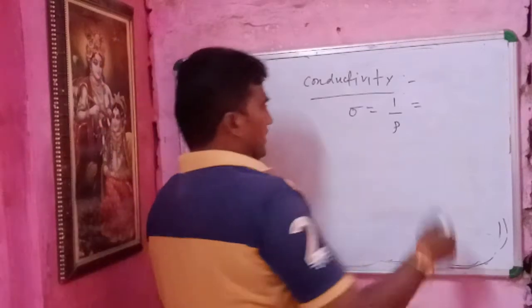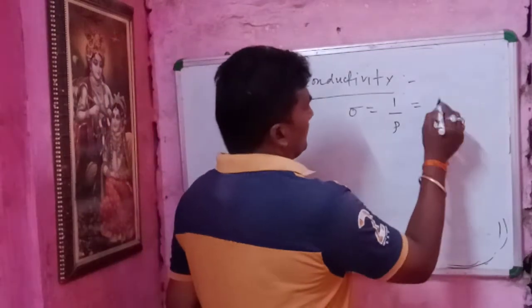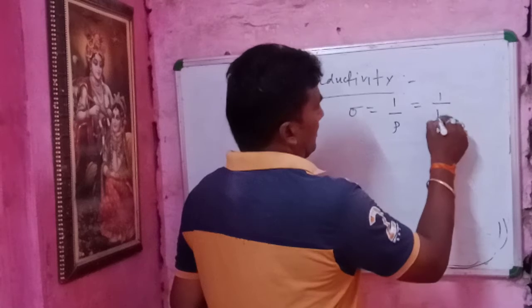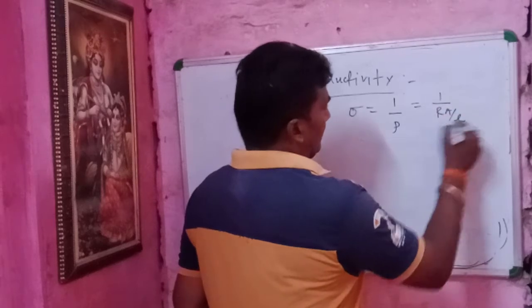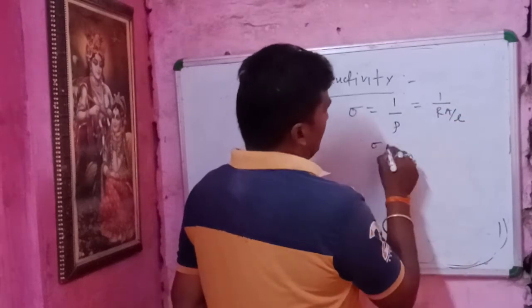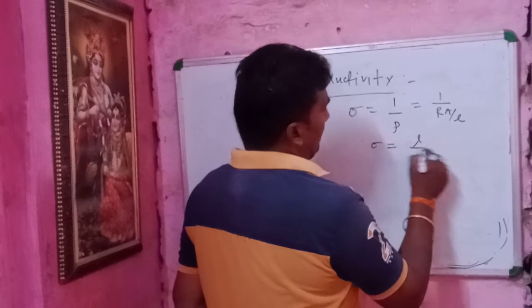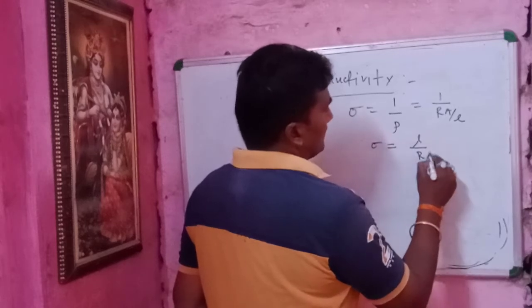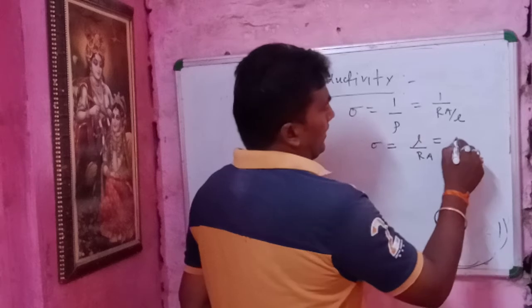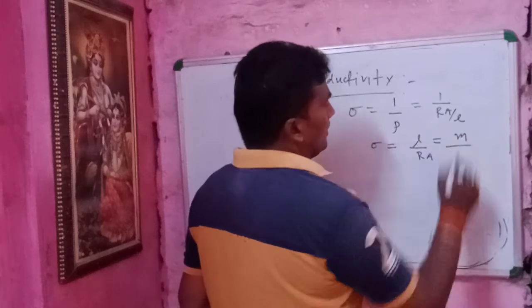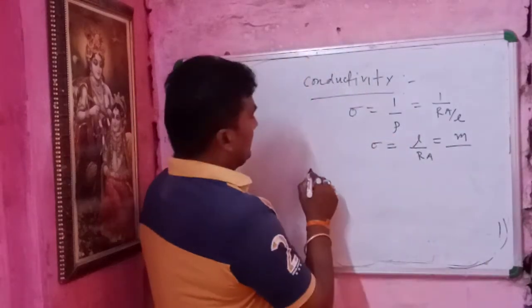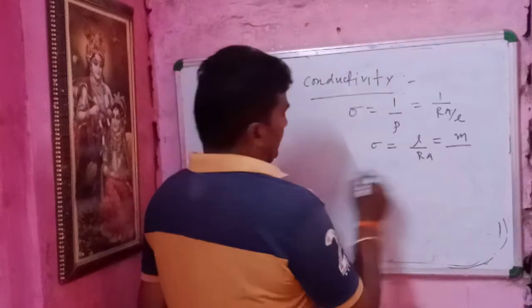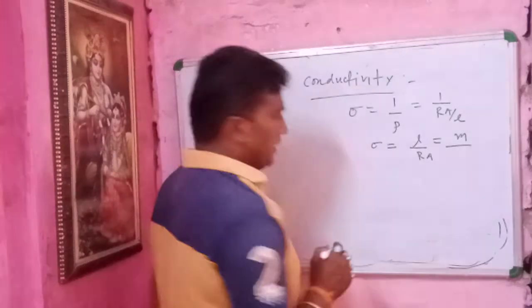We know the relation of resistivity, rho is RA by L, therefore sigma is equal to L by RA. The SI unit of length is meter, and we identify the SI unit of resistance in terms of derived units.